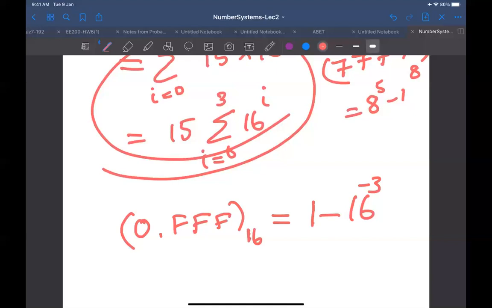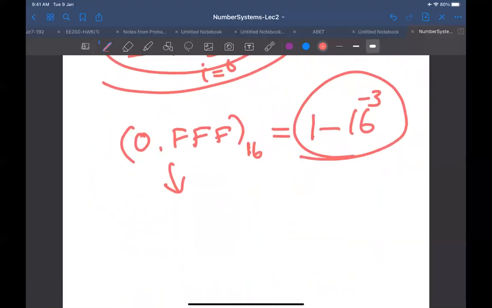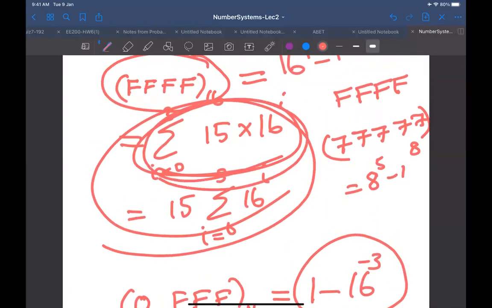You get that? So this is what it means. Instead of converting it the normal way, which is using this summation here, you can immediately calculate it this way. This is a number system property that you can prove, by the way, easily using this conversion algorithm, but we don't have time to prove it.